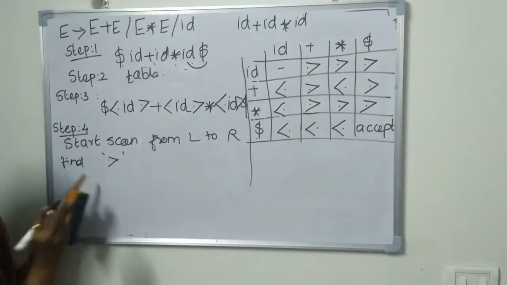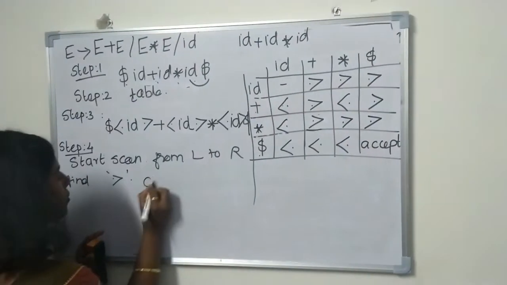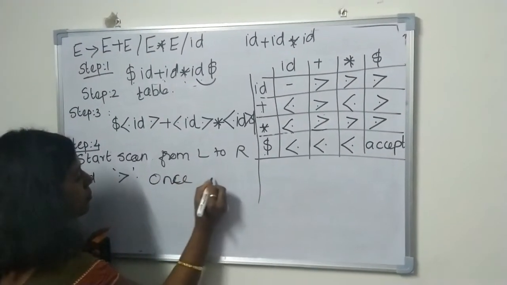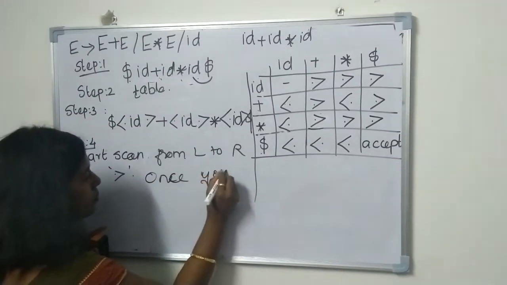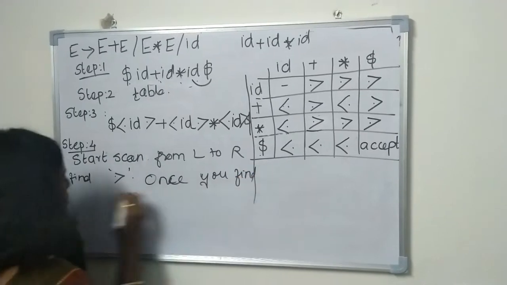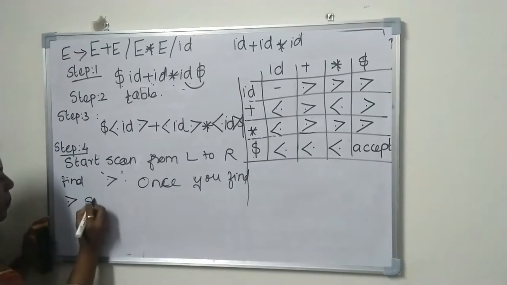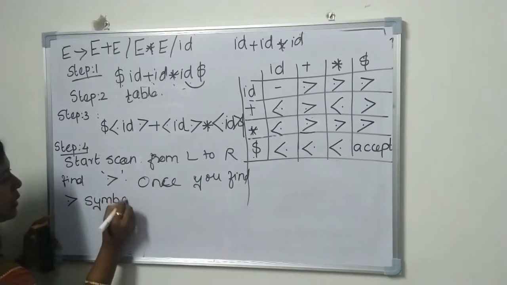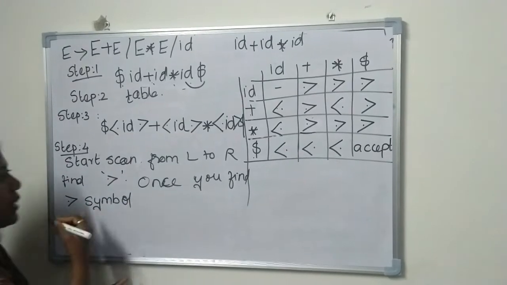Once you find the greater than symbol, then start scanning from right to left.